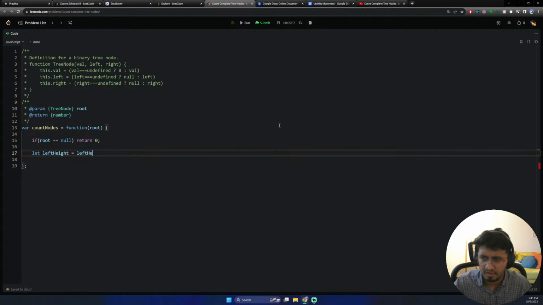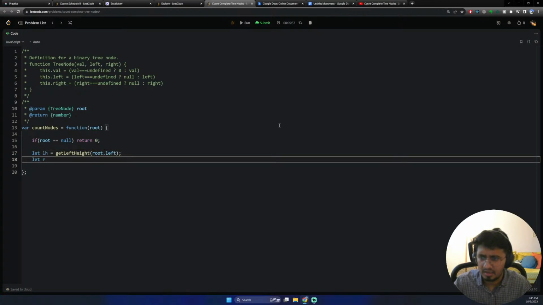Let's call it LH, left height function. Get left height function would accept root dot left, and let RH is equal to get right height root dot right.